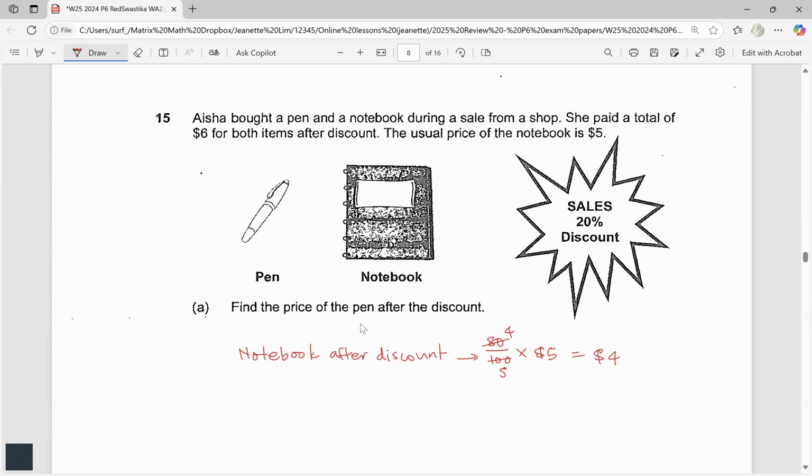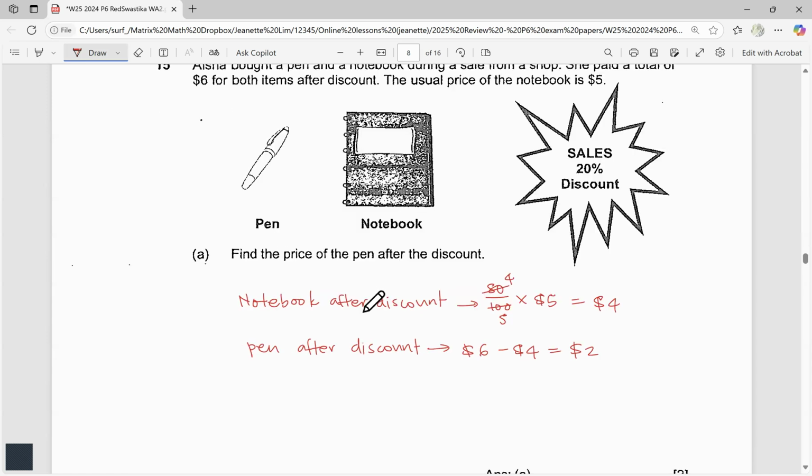Okay. So you just minus it off from what she paid, and then you get the pen after discount. $6 is what she paid for both items after discount, minus away the notebook, and you get the amount for the pen after discount.